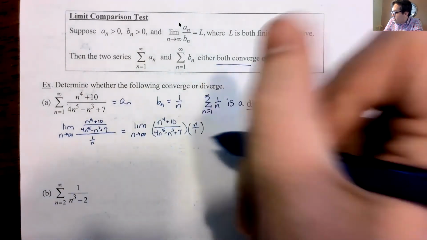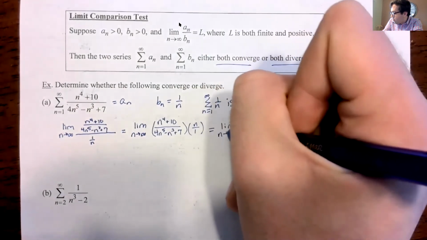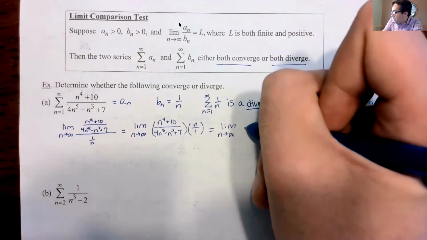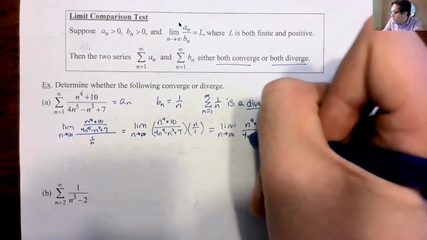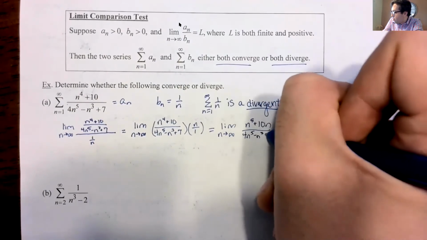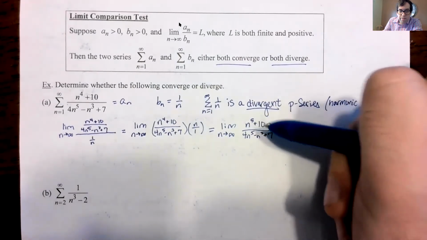And I can distribute that n to the numerator. So we end up with the limit as n approaches infinity of n to the fifth plus 10n over 4n to the fifth minus n cubed plus 7. And now we can use bottom-heavy, top-heavy, or equal. We have an n to the fifth and an n to the fifth.